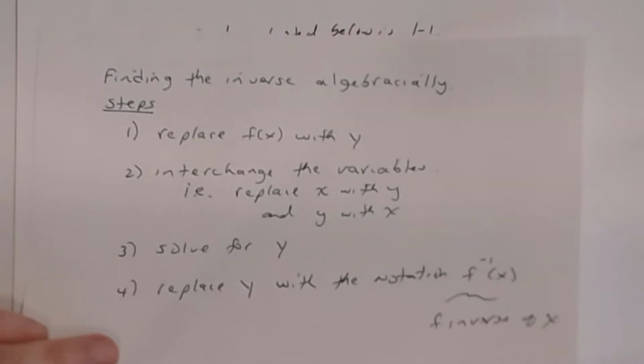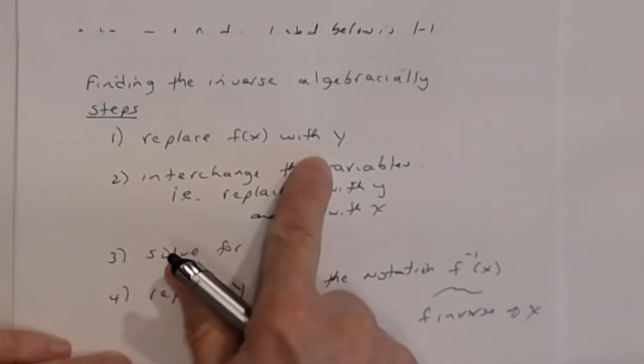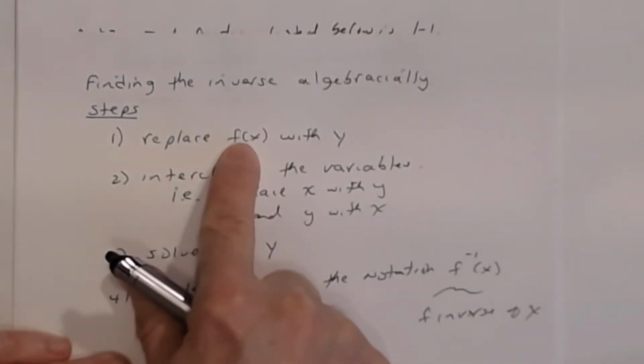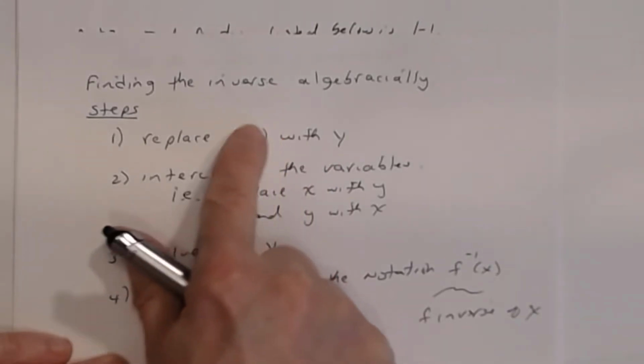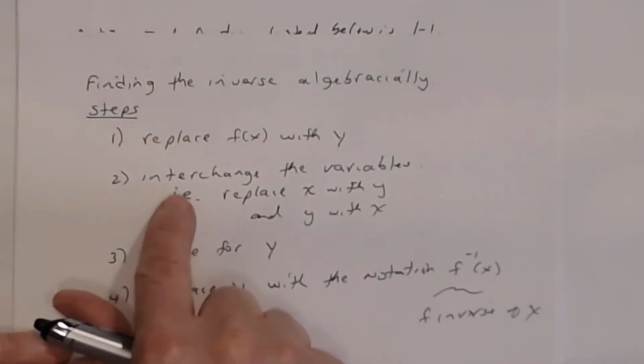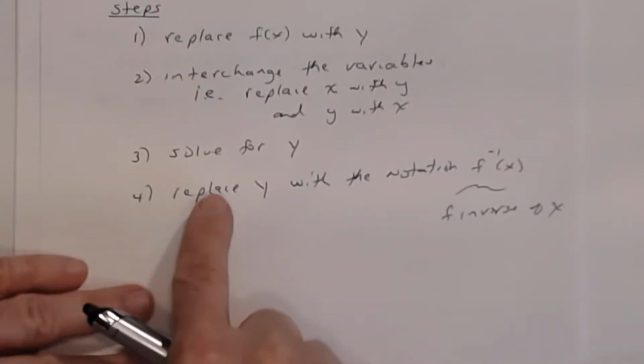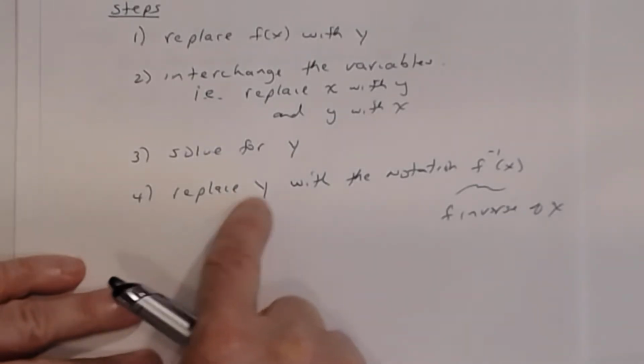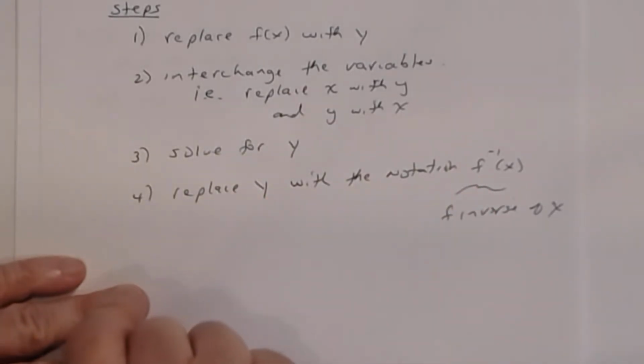Remember step 1: replace f of x with y, or g of x, whatever it is. It could be g of x, h of x, but whatever this is, you replace it with y. Then you interchange the coordinates, then you solve for y, and then you replace y with the inverse notation.